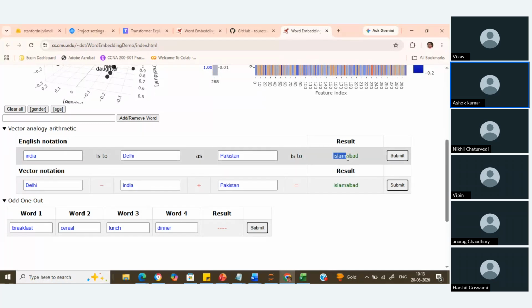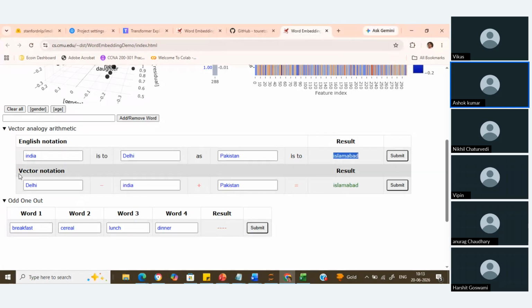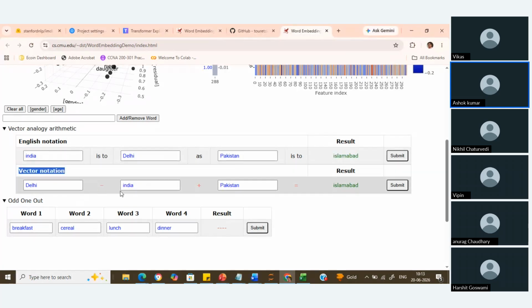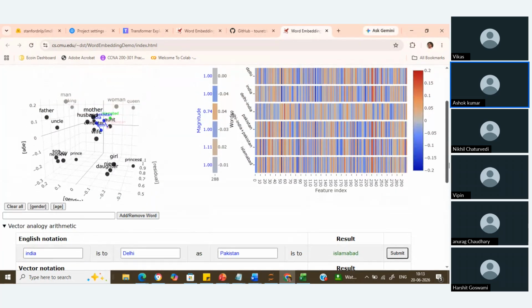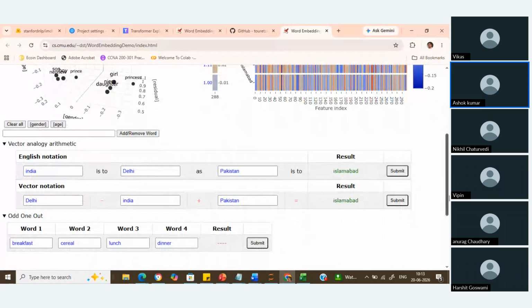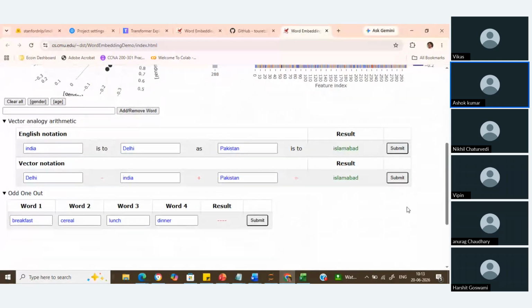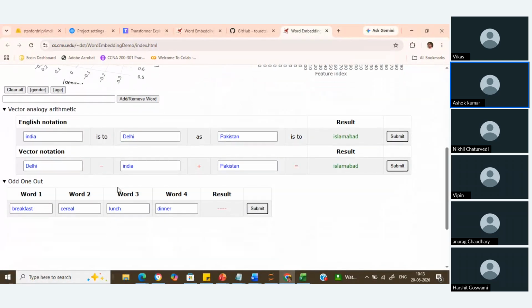So Pakistan is Islamabad, and how is it calculated? It uses vector notation: Delhi minus India plus Pakistan equals Islamabad. So you are able to see it in the multi-dimensional vector space, and how the calculations happen in this way.